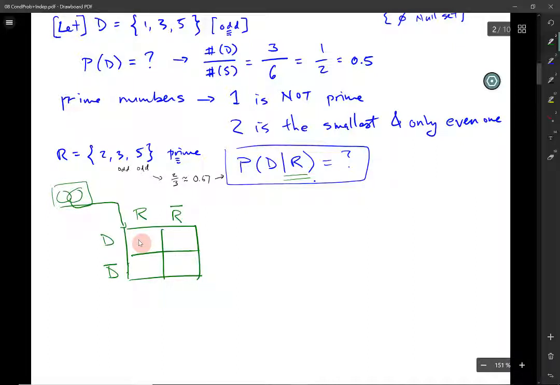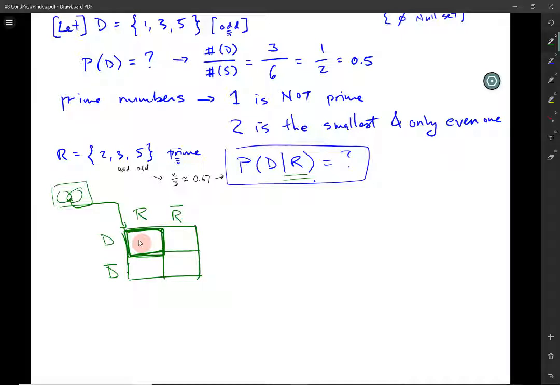The intersection, the middle, is the same as this first box over here. So either think mentally of starting in the middle of the Venn diagram, and remember that this is actually the intersection. That corresponds to the middle of the Venn diagram.